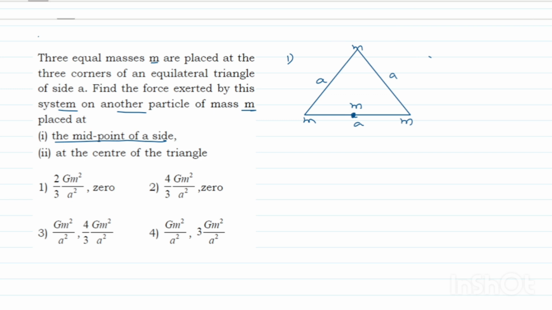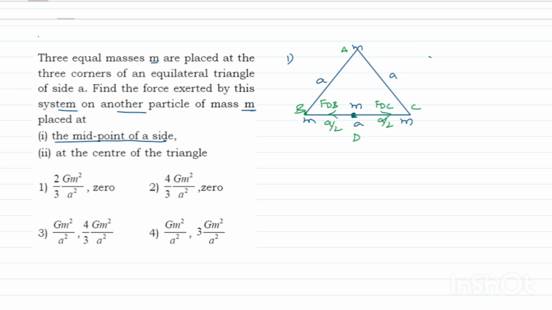So here, this distance will be a by 2, and this distance will be a by 2. Regarding the force of interaction between A, B, C, you just give the names, and this is the D particle. So D particle will be attracted by B particle along this direction, FDB. D particle will be attracted by C particle along this direction, FDC.